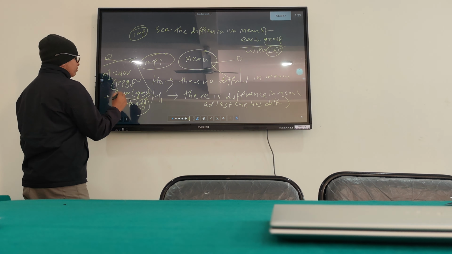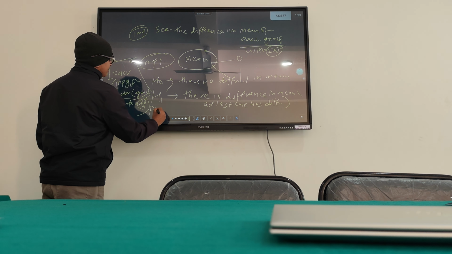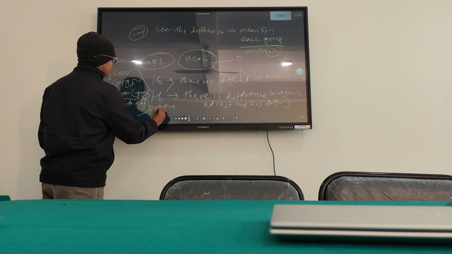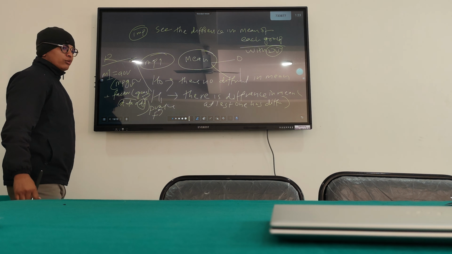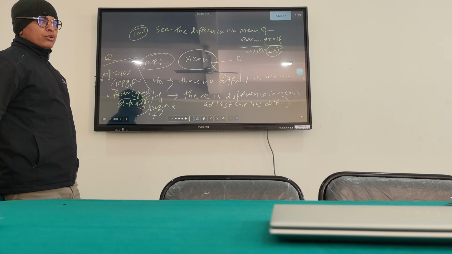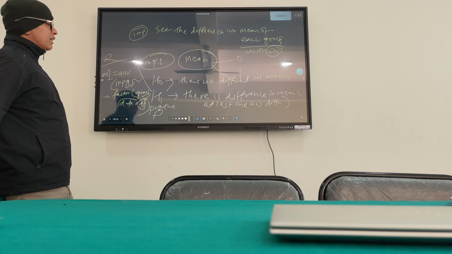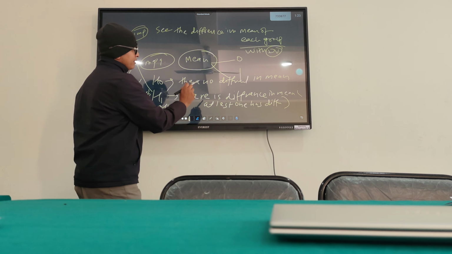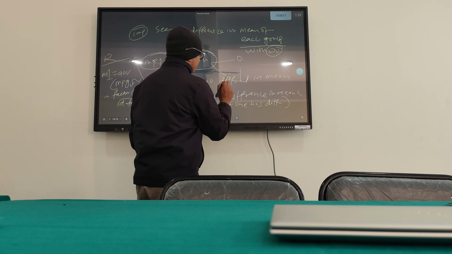Ultimately, what we compare is the p-value of the F statistic. We'll look at it over there, and based on that p-value, what can we say? If the p-value is significant, it means there is a difference in mean.